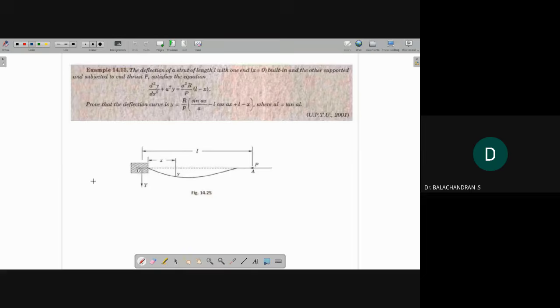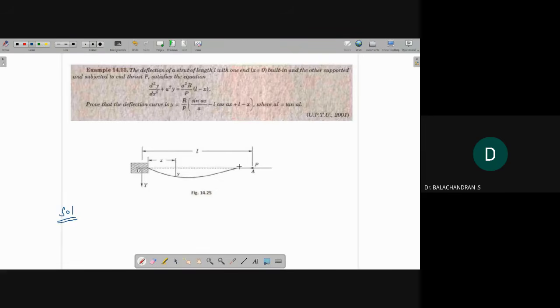Okay, so solution. This is the diagram. The one end, x equal to 0, is fixed. The other end is supported.